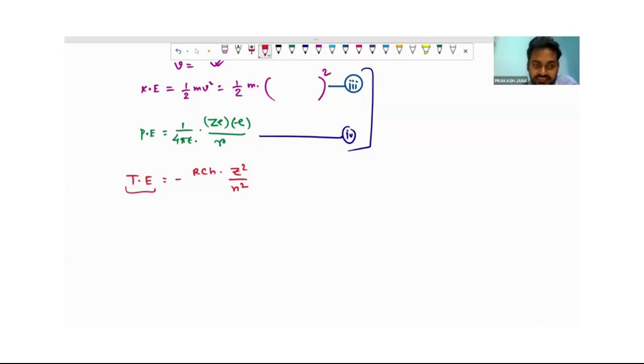Okay, so we write it as En, that is the energy of the electron revolving in nth orbit.